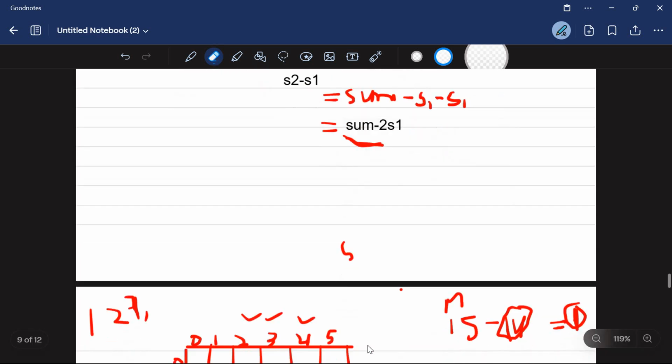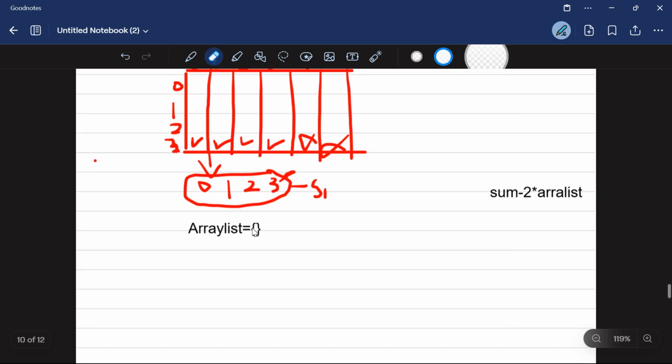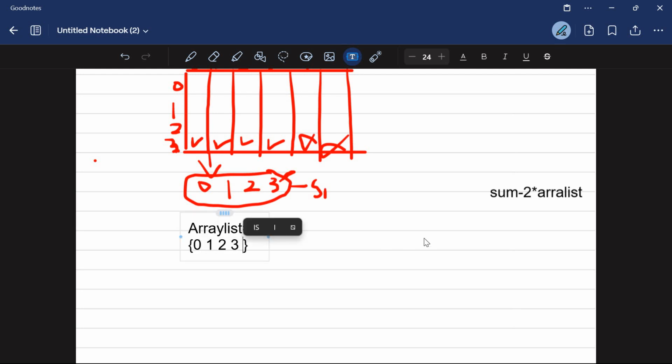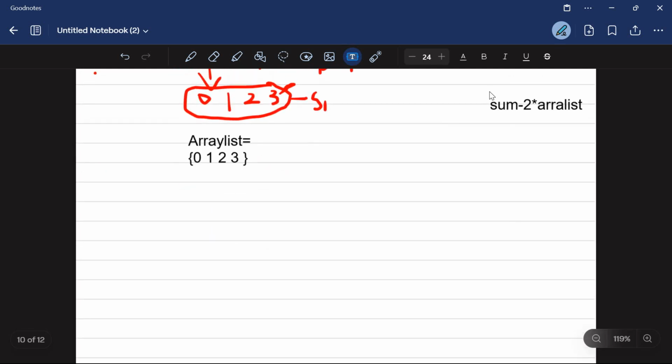Okay. So as I said, you can enter the values into an array list. What are the values? 0, 1, 2, 3. You will get these values. After that you apply this formula, sum minus 2 into the array list element, S1.